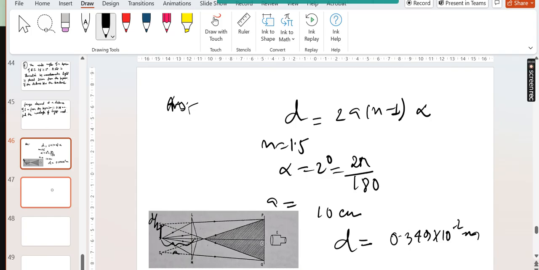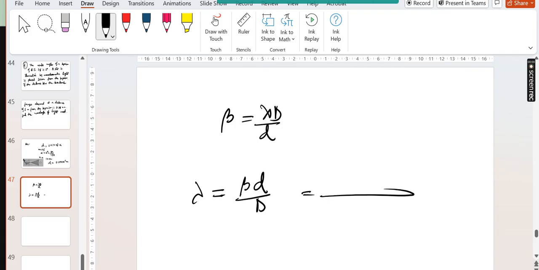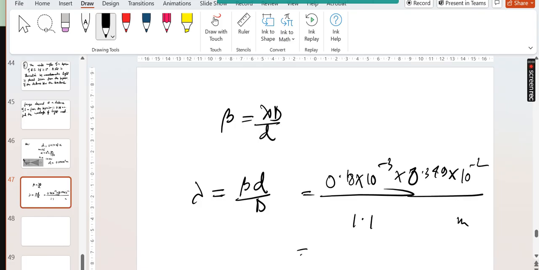And fringe width beta is lambda D by small d. So lambda is equal to beta small d by D. Putting all these values, with 0.18 into 10 to the power minus 3 and D as 1.1 meter, we get lambda is equal to 571.2 nanometer.